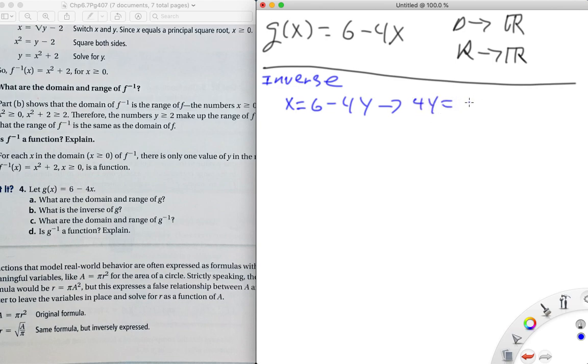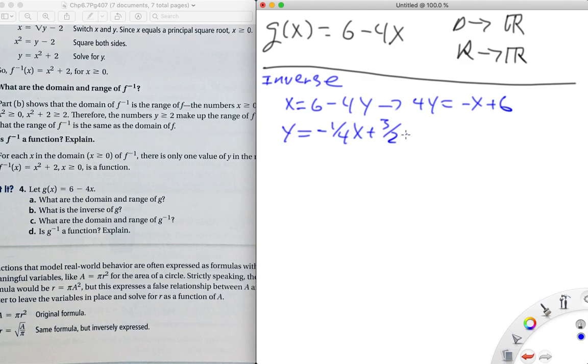Subtract the x, so it'll be negative x plus 6, divided by 4. y equals negative 1/4 x plus 3/2.